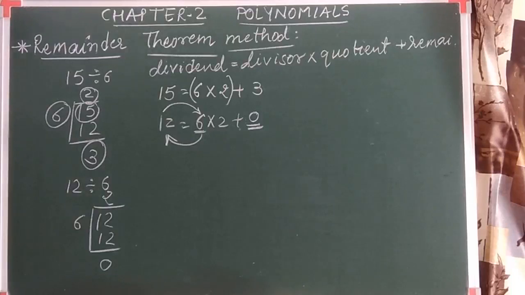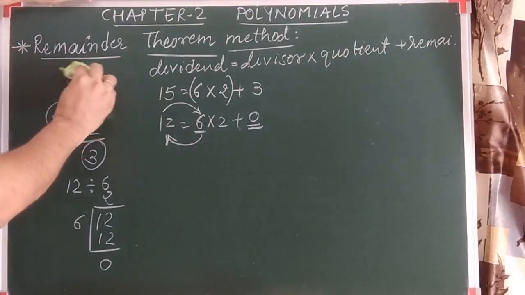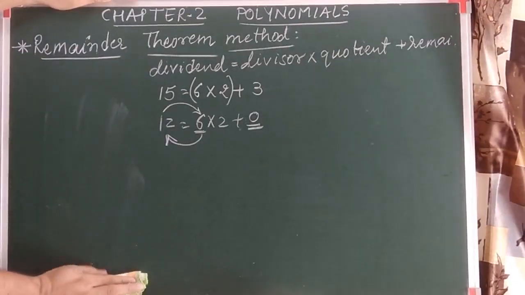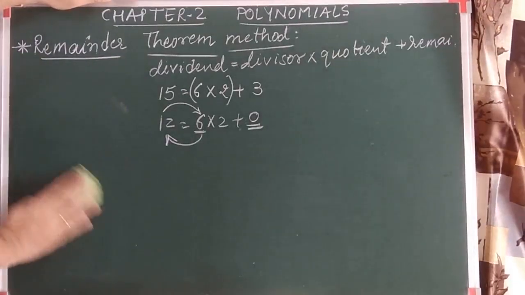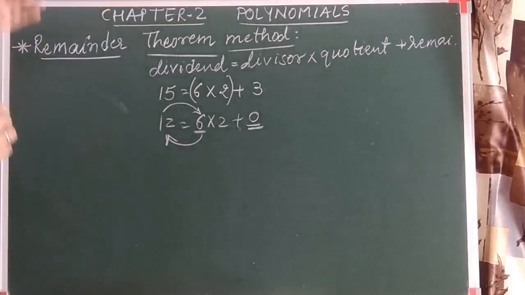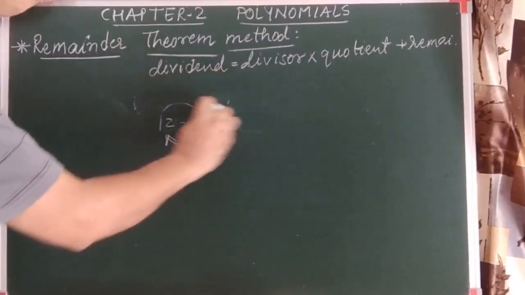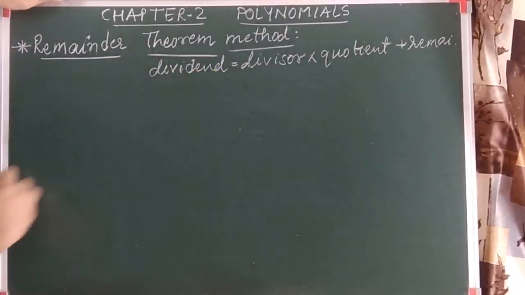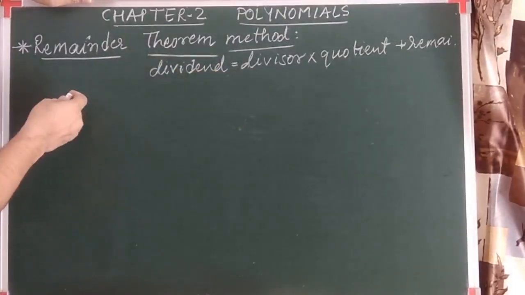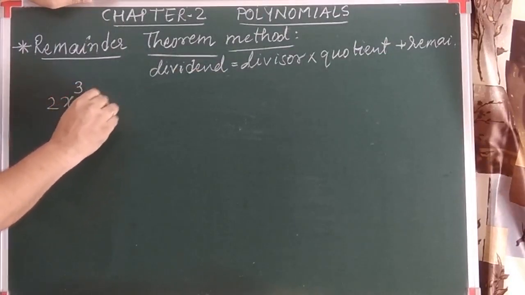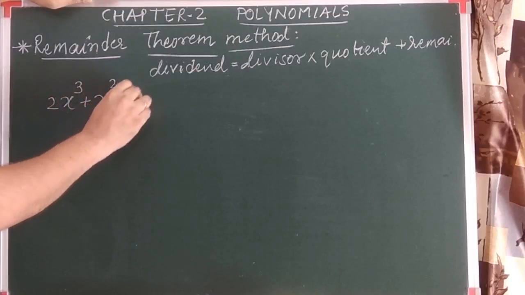For the polynomials, let's take one example, of a type of division we have already discussed in the 8th standard. Let us see what that is. Suppose the number is 2x cubed plus x squared plus x.